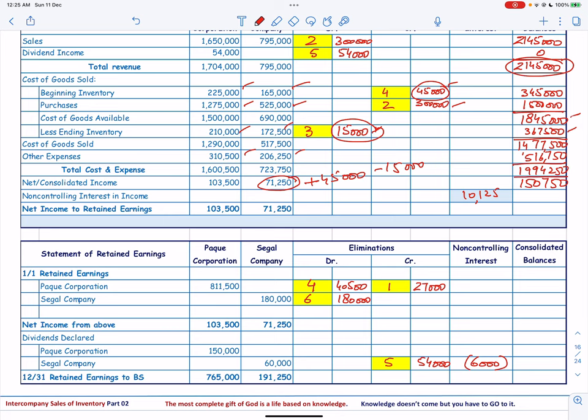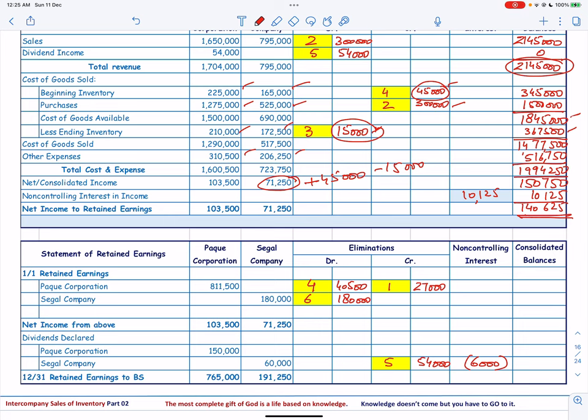So this is for the non-controlling interest, and this amount has to be subtracted from the consolidated income statement. So this will be 140,625.